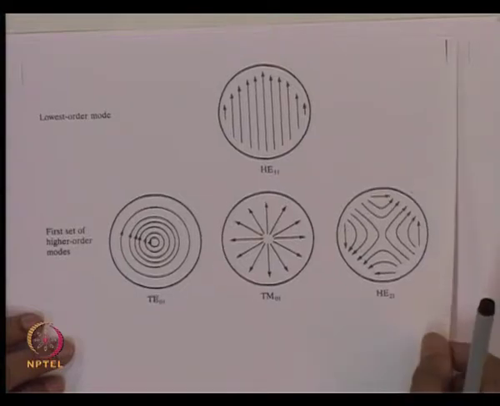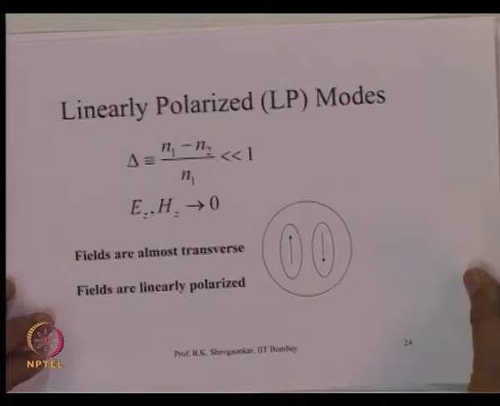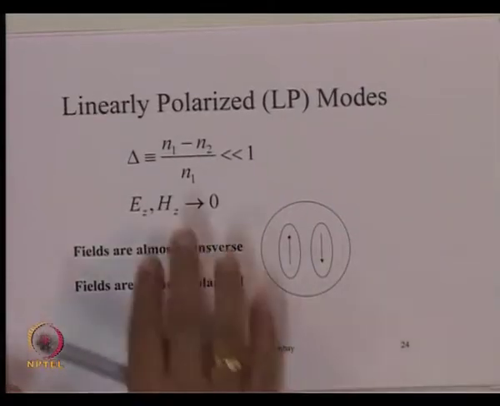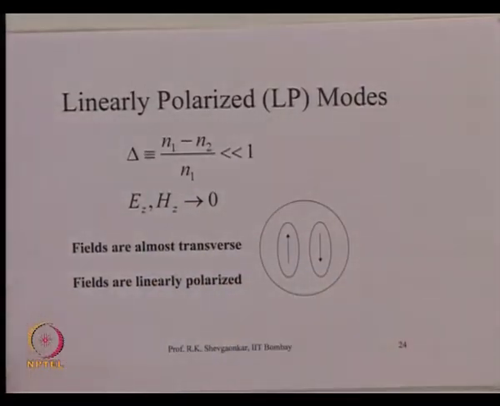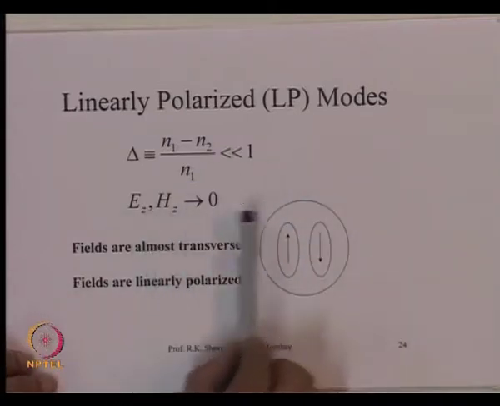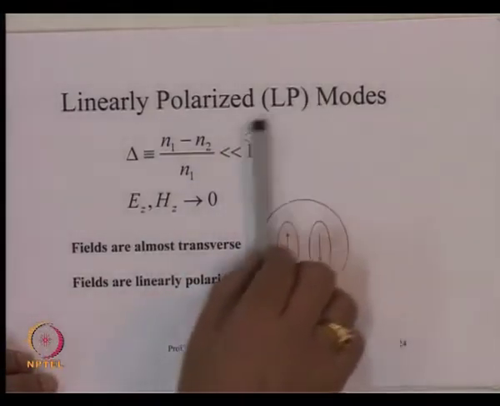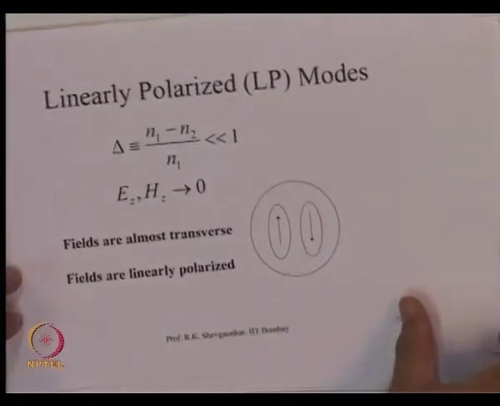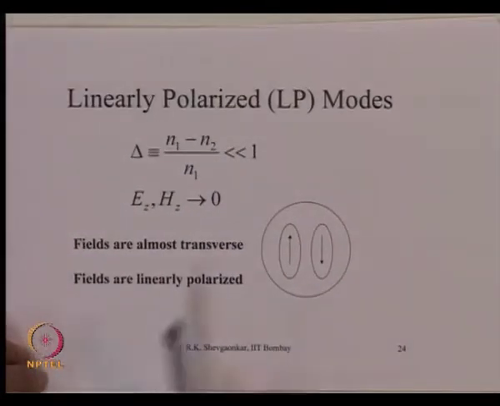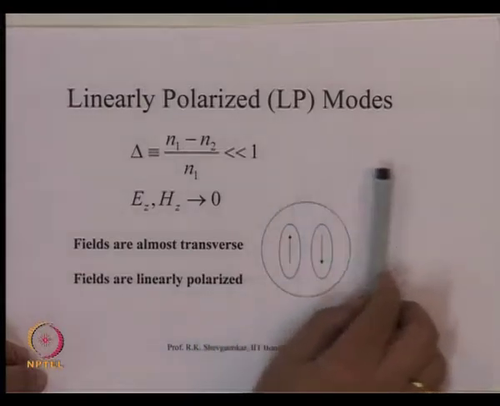What one can show is that if you have a weakly guiding approximation, then you have an intensity variation in the cross sectional plane, but as far as the direction of the field is concerned, it remains practically the same everywhere in the cross sectional plane. So, if it is vertical, it will remain vertical everywhere.